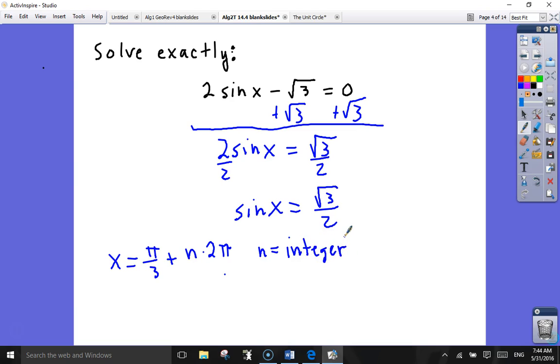And we would have to do the other one too, because there was also 2 pi over 3. 2 pi over 3 plus n times 2 pi.